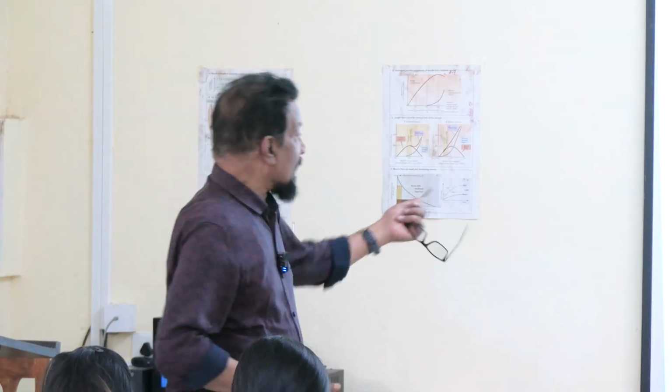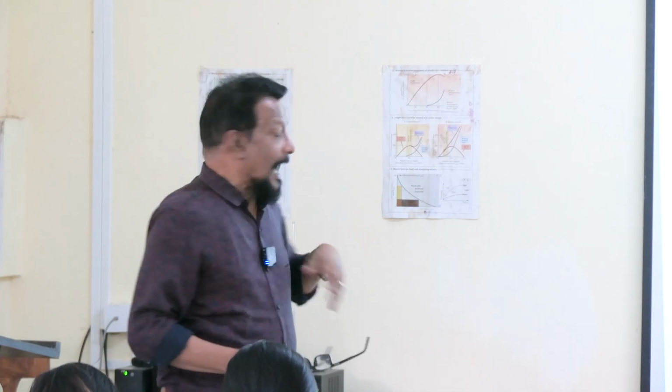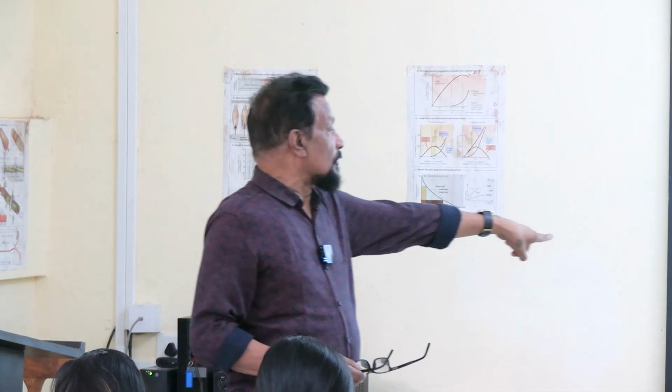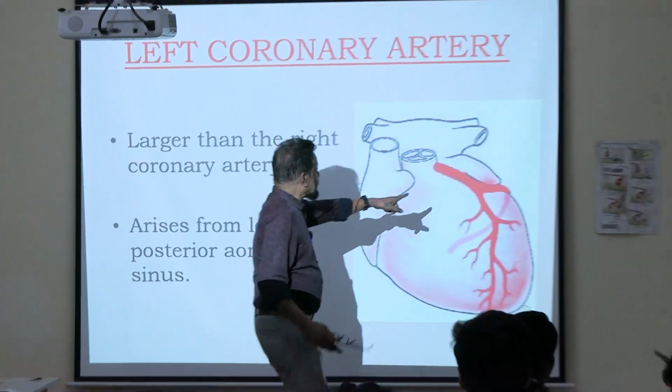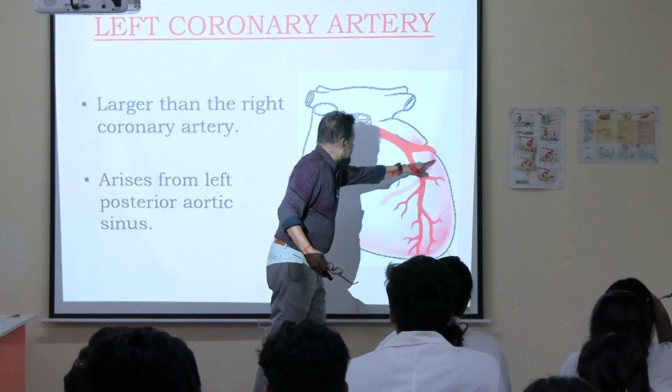One branch, the anterior interventricular artery, comes down in between both ventricles, and the other branch goes through the coronary sulcus to the back, and this branch is called the circumflex artery.